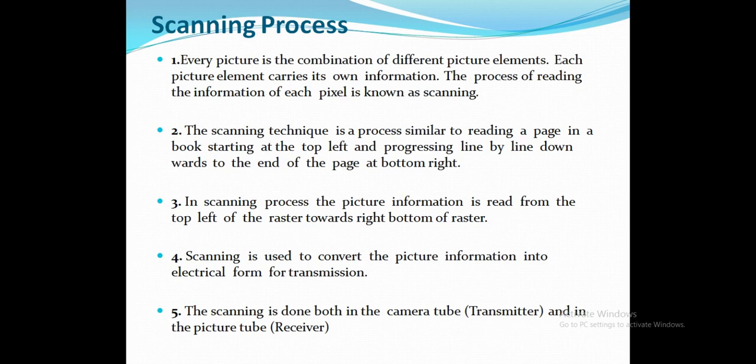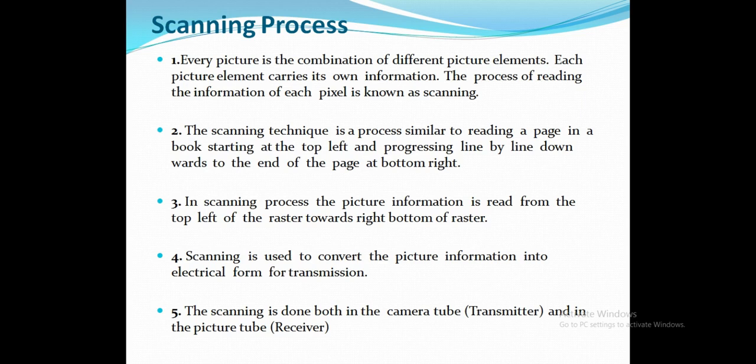So first of all, what does scanning mean? Each and every picture is a combination of different picture elements, and each picture element carries its own information.